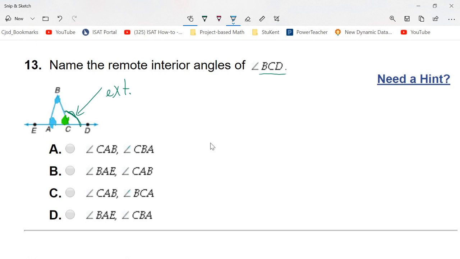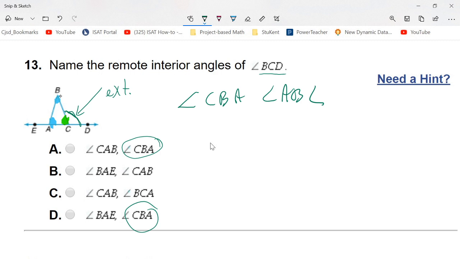So what would be the names of those angles? You can name them a lot of different ways, unfortunately. But we're looking for something with CBA, either angle CBA, or it could be called angle ABC. That needs to be one of them, but the B is in the center here. CBA, it could be this guy or this one right here.